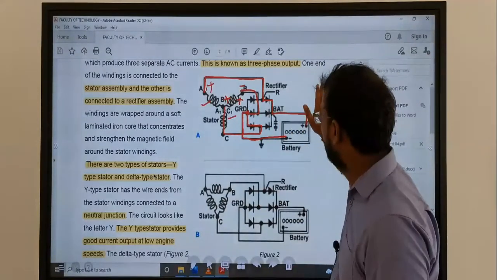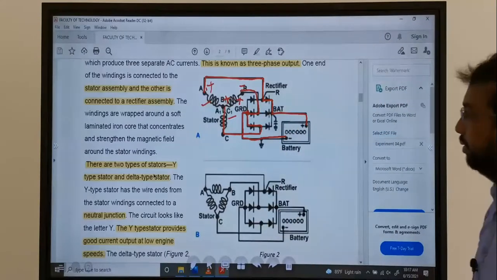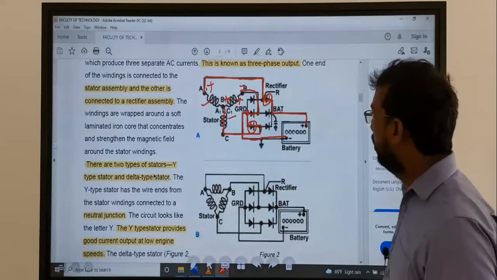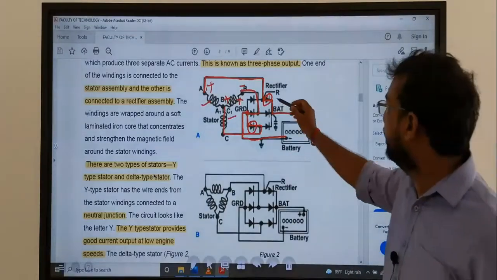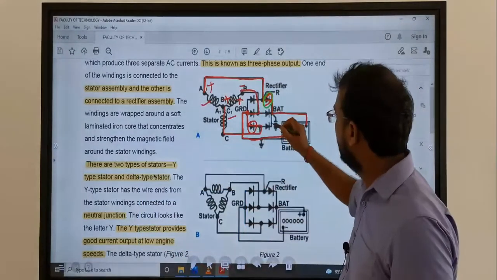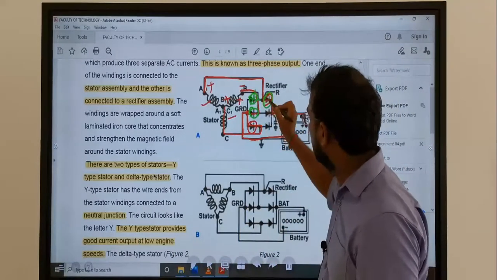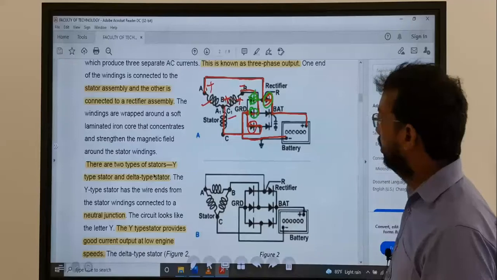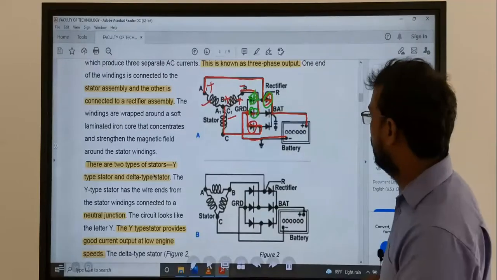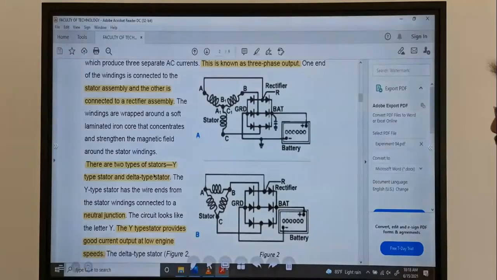So continuously you can see that at the same time two diodes are working: this diode and this diode the first time, and the second time this diode and this one. So at one time two diodes are working, and the current flows through the two diodes.